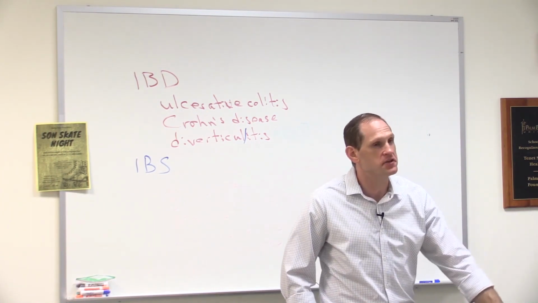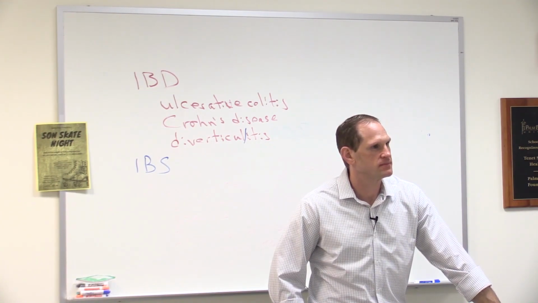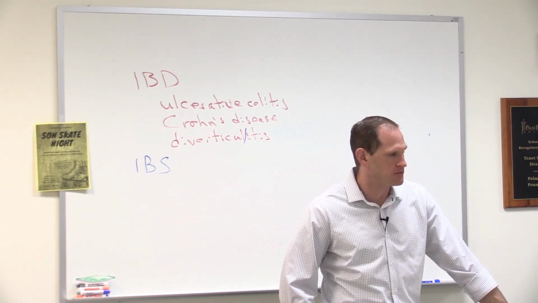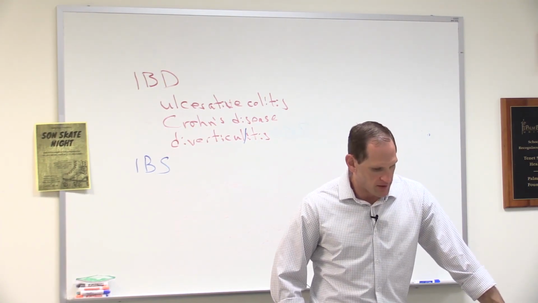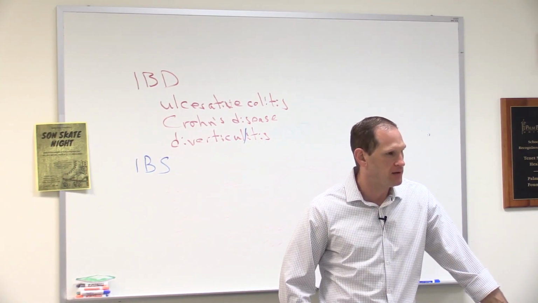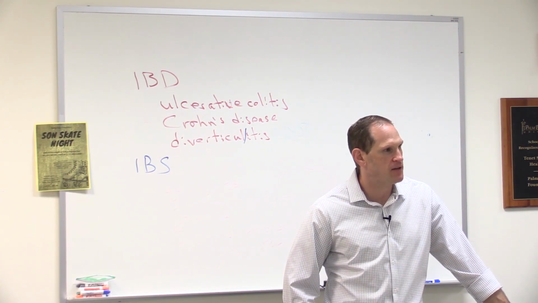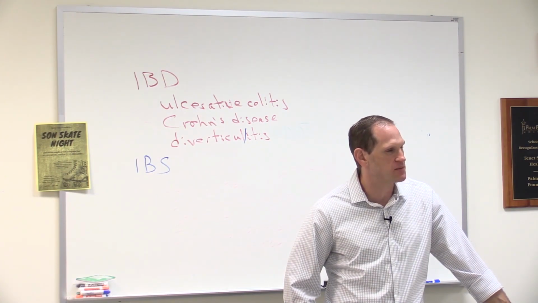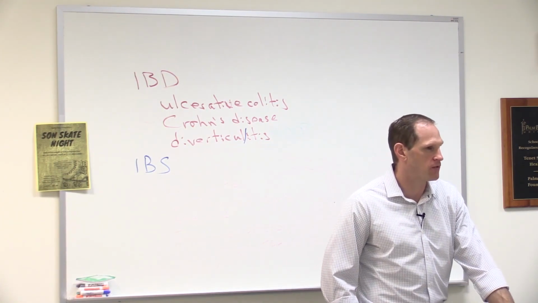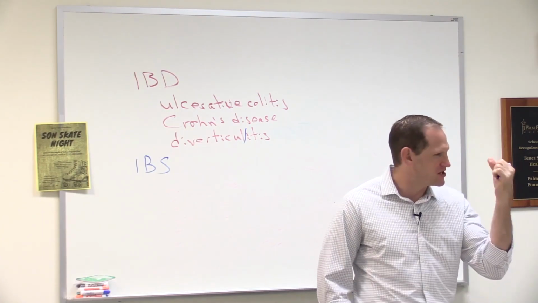A syndrome is a collection of symptoms. In this case, the symptoms are typically abdominal pain, bloating, cramping, and either diarrhea or constipation. Most patients will tend towards one over the other, and some patients have a diabolical combination of both.